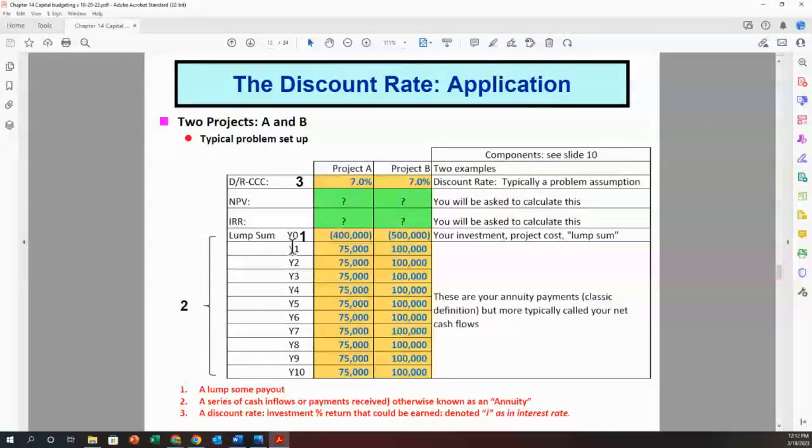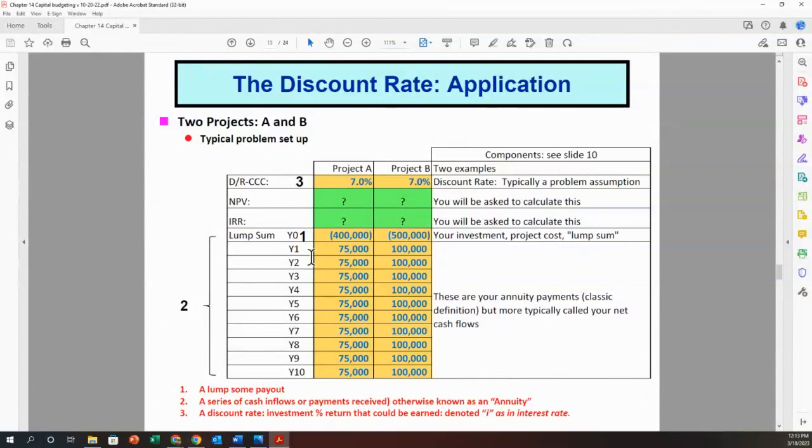Our lump sum for Project A is $400,000. That's the project cost. We enter that as a negative number. That's a cash outflow. Project B is $500,000. That's our project cost, right?